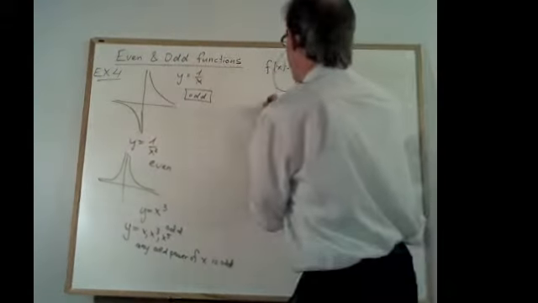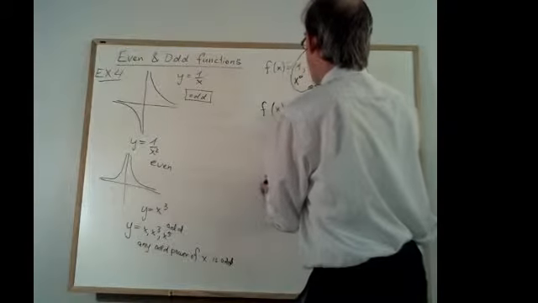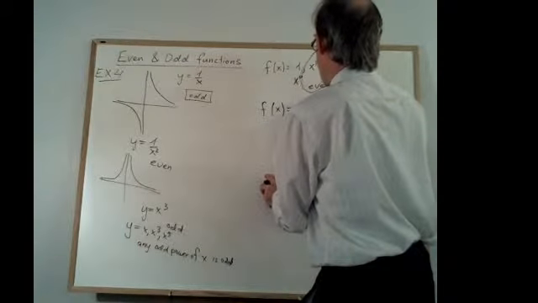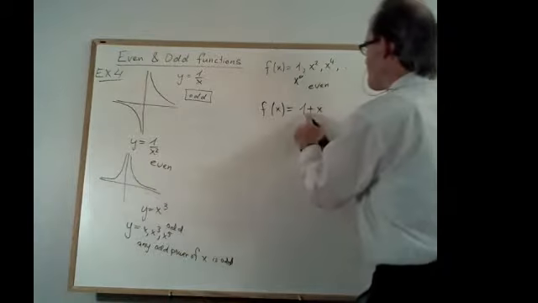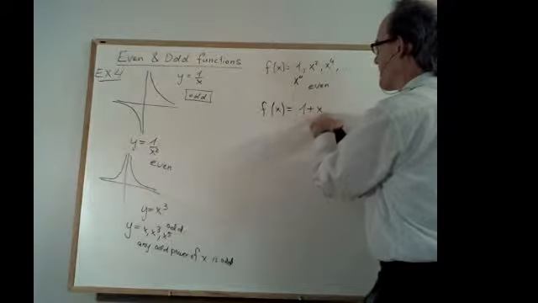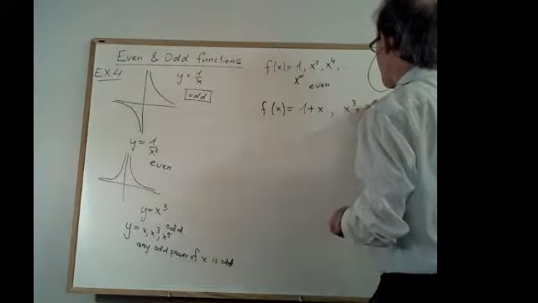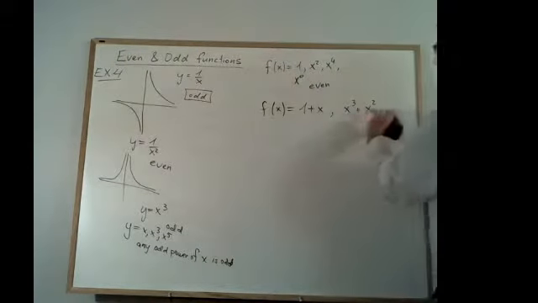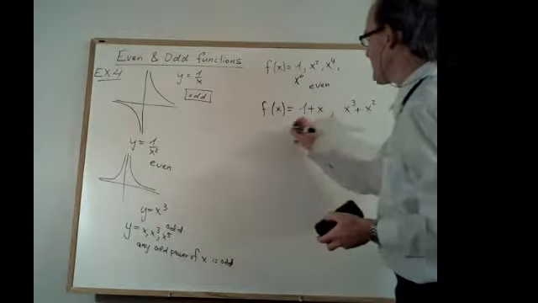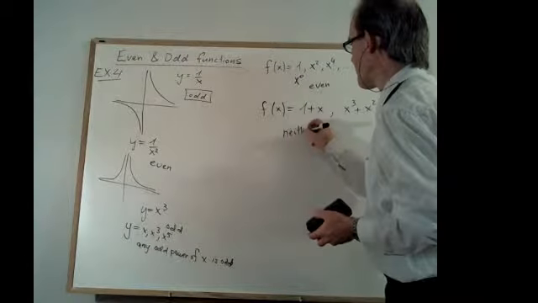However, a function like this, the sum of an even power and an odd power, or like this, an odd power and an even power, is neither even nor odd.